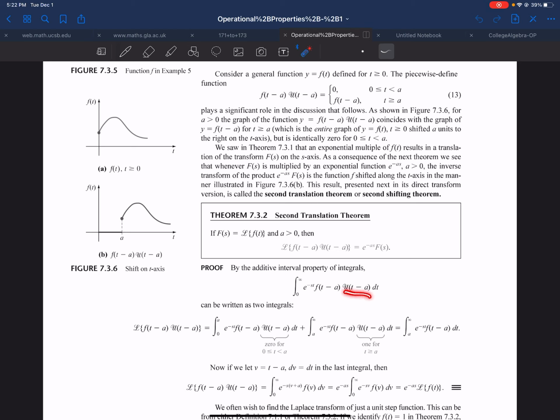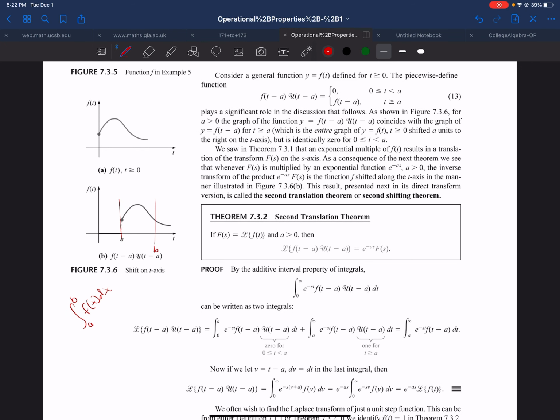we have to break apart, and they're using this additive interval property for integrals. And it says this, that if you integrate a to b of f of x dx, and I'm just going to write on here, let's say this is a and this is b, you'd get all that area there.